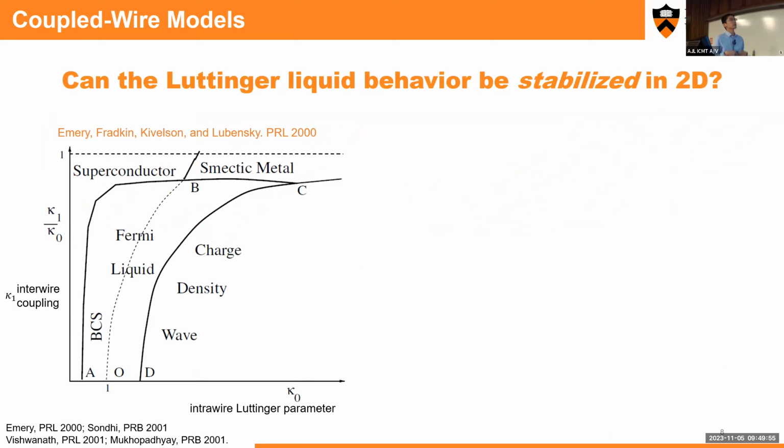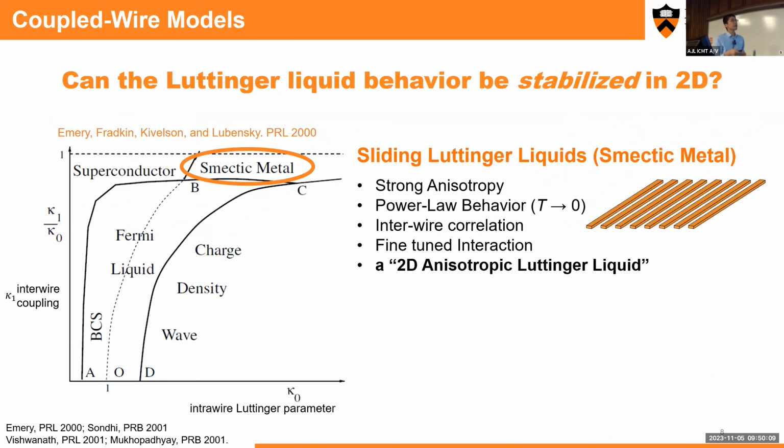Theoretically, they have proposed this kind of phase diagram, in which kappa 1 is the inter-wire coupling and kappa 0 is the intra-wire coupling. They found a phase here which requires a really fine tuning of the inter-wire coupling and the intra-wire coupling.